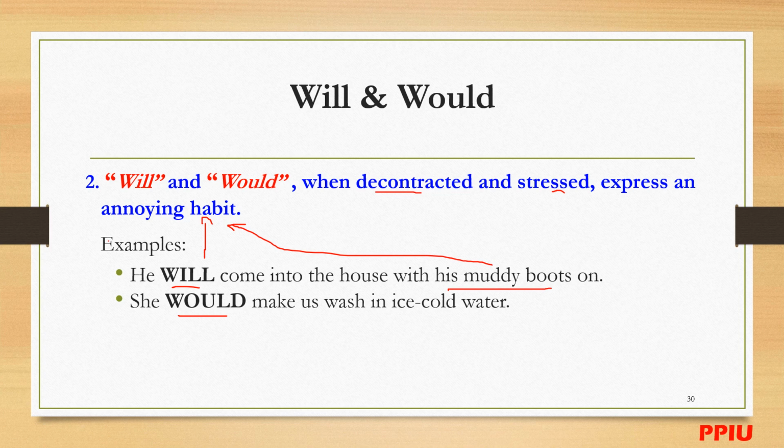So this one is an annoying habit. Okay, something there and something in here. It will describe something there. Okay, so to remember this one, we can say when will and would are contracted, they show something pleasant or unpleasant. But when they are not contracted and are stressed, the meaning shows an annoying habit. All right. Can I move on?